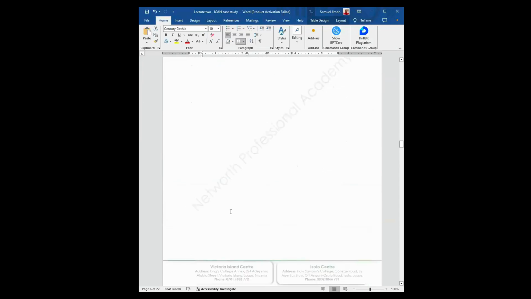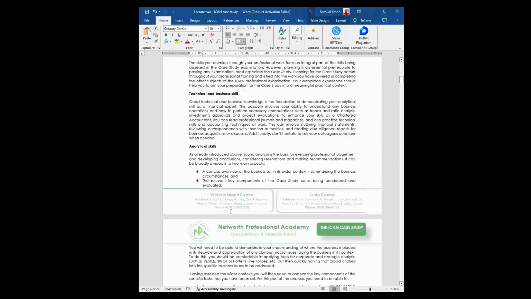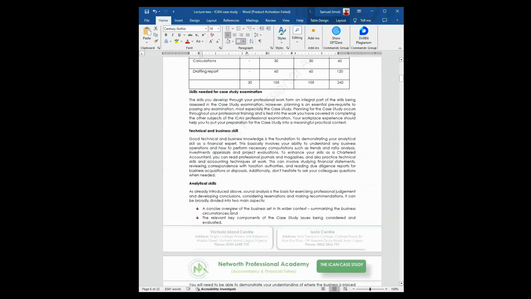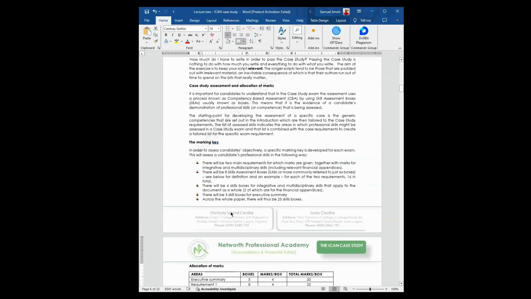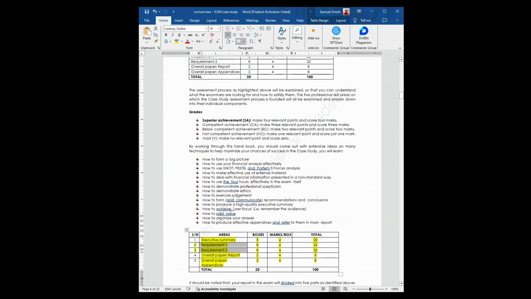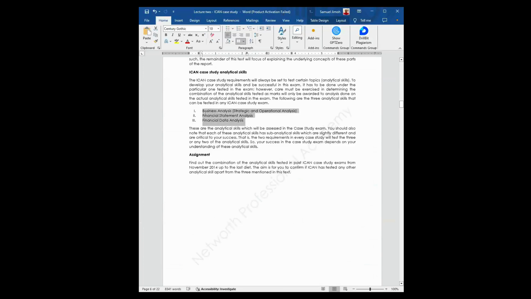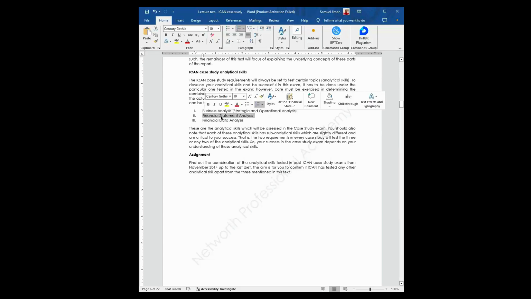And remember, I said that we have 3 major analytical skills in the exam. These are the analytical skills. We have the operational and strategic analytical skill, that is what we call business analysis. We have the financial statement analytical skill, that is financial statement analysis or ratio analysis.